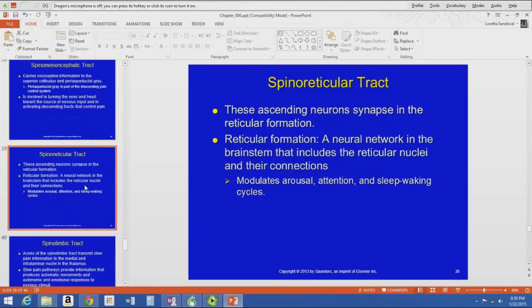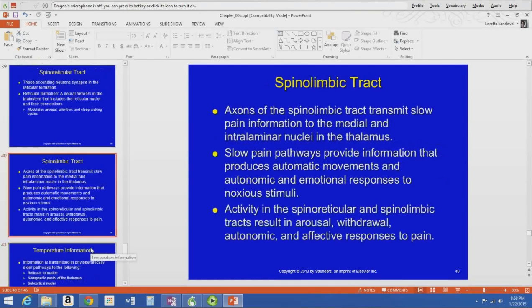The Spinoreticular Tract, they're ascending neurons that synapse in the reticular formation. The reticular formation is a neural network in the brainstem that controls arousal, attention, and sleep-wake cycles. Okay, so that's the one that keeps you up at night. The Spinolimbic Tract, they transmit slow pain information to a couple of nuclei, which you don't need to know specifically, in the thalamus.